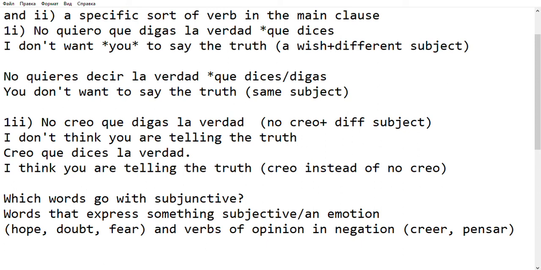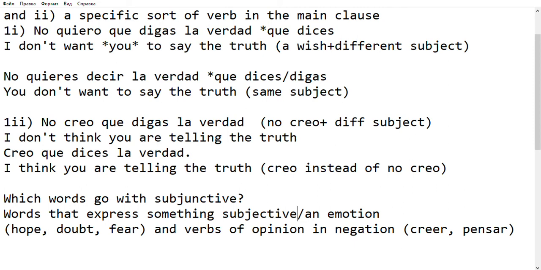They have to do with some emotion, and I'm including hope there. All these verbs, and these are the verbs that are easier to recognize, will go with subjunctive in Spanish. On top of that, however, we have some verbs that express an opinion, like creer and pensar. And these verbs, when in the negation, will require a subjunctive in the subordinate clause.